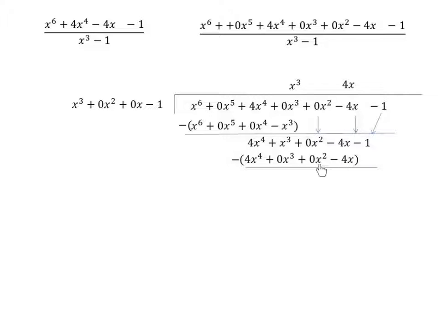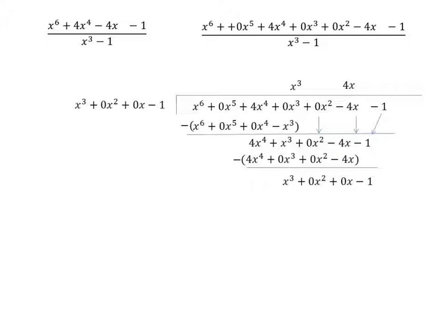Next, we're going to subtract all of those. Now, this is the result of the subtraction. This is going to go away. Now, this is going to become just x to the third minus 0, which is x to the third. 0 minus 0 is just 0.